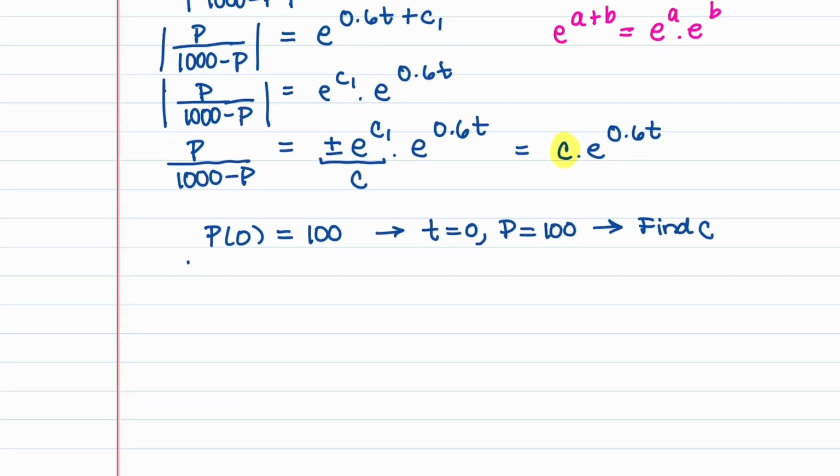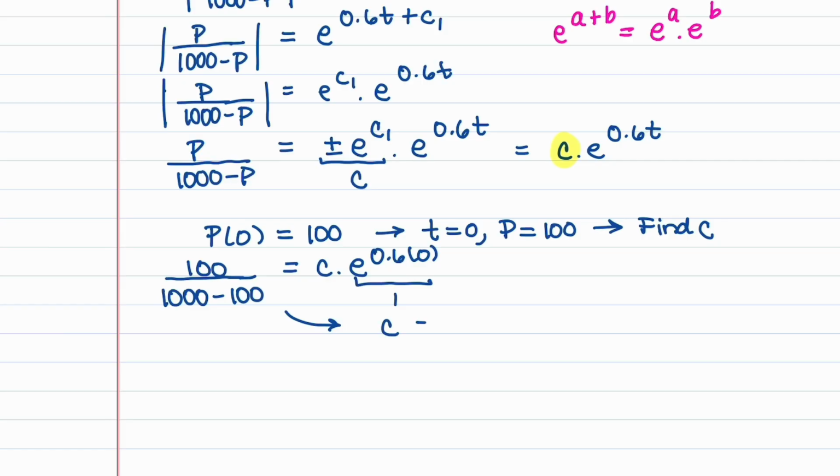This gives us on the left, we have 100, all divided by 1,000 minus 100. And then on the right, we have c times e to the 0.6 times 0. E to the 0 is just 1, so this tells us that c is equal to 100 over 900, which is just 1 over 9.